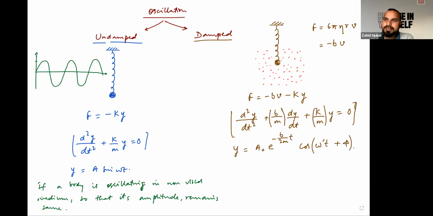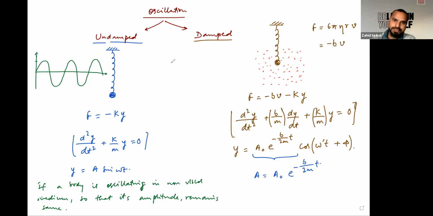In this entire segment, we have to deal with only this part, which is called amplitude. So we can say A is equal to A naught e raised to the power minus b by 2m into t. It means this amplitude will exponentially decrease with change in time.